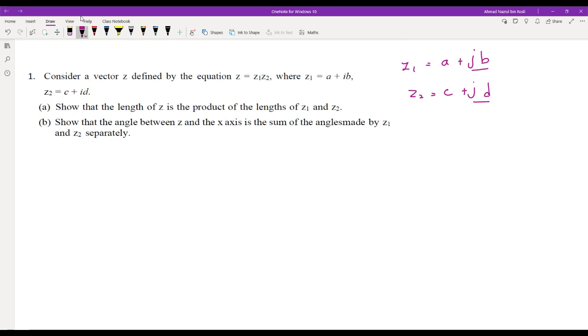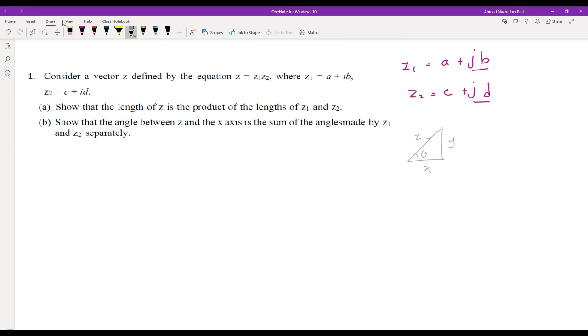So the complex function becomes complex. And then what we actually try to prove, right now we have to show that the length of z is the product of the lengths of z1 and z2. So length of z, remember this drawing, theta, the function of z, y, and x.